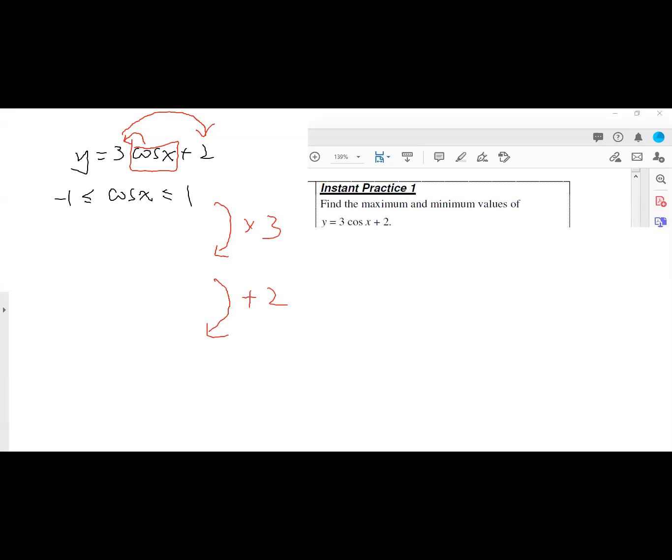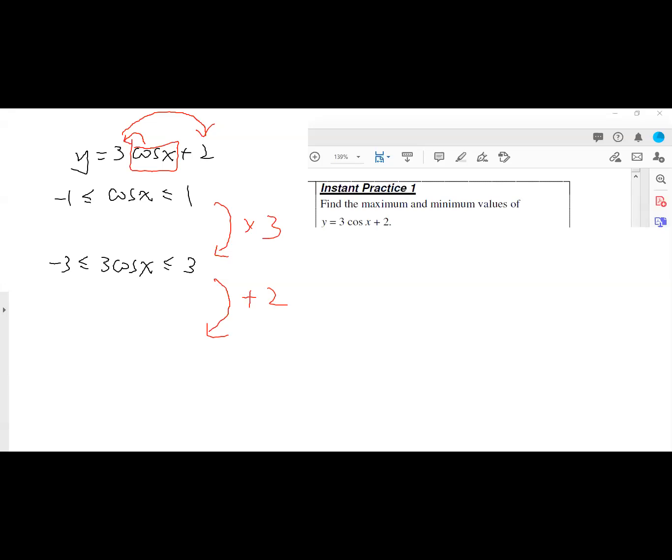And after multiplying by 3, the left-hand side is -3. Middle part is 3 cosine x. Right-hand side is +3. Because what we are multiplying is a positive number, so we do not need to change the inequality sign. Okay, so just copy less than equal to, less than equal to.